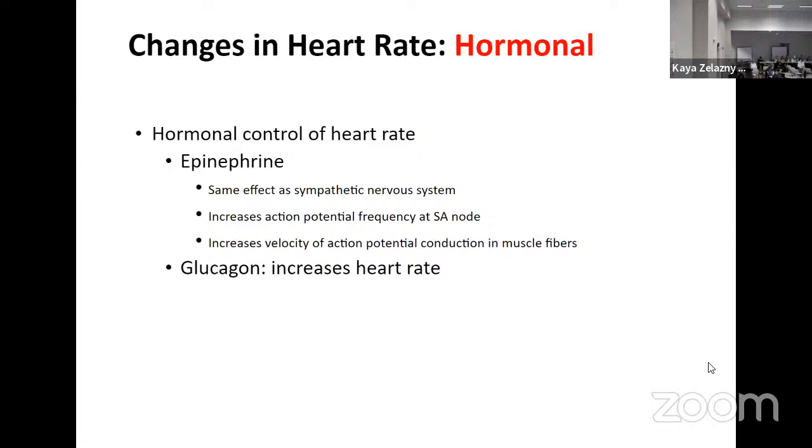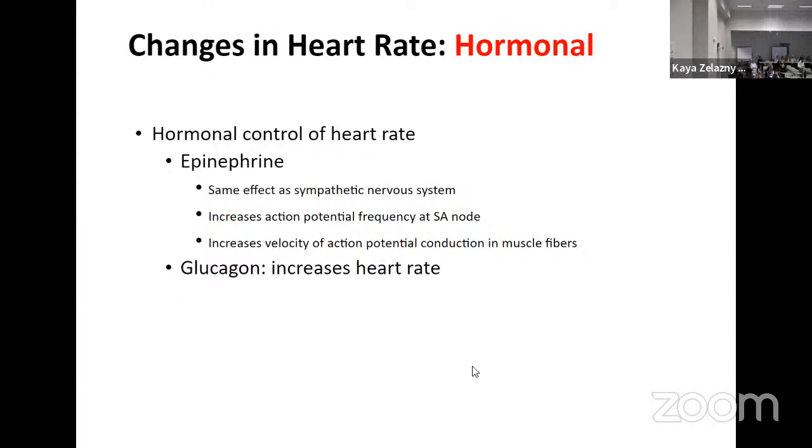The other way we can extrinsically change our heart rate is with epinephrine, which is a hormone. Works pretty much exactly as our sympathetic nervous system does. It's the same type of pathway, can bind to the same receptors, although they have different preferences. So this also increases the action potential happening at the SA node. This also increases the action potential in the muscle fibers. Weird thing is that glucagon can also increase heart rate.